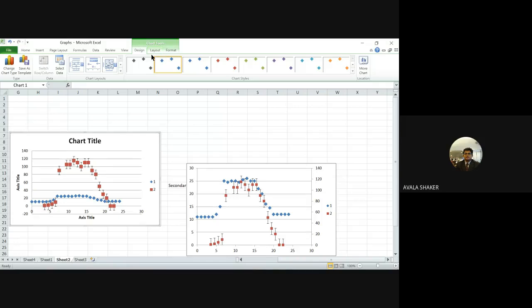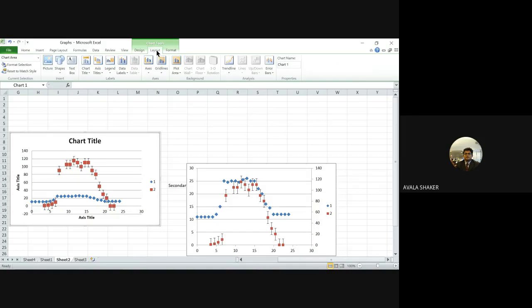Okay, what do you have? After design, I have format. I have one thing called quick layout in the design. If you click on the chart, there is a plus sign appearing on the right top corner. In that plus sign, there is an option of error bars. Yeah, I got it. Okay, thank you.